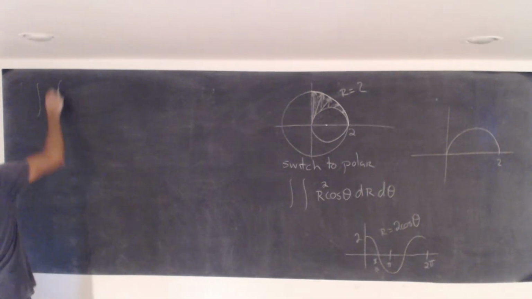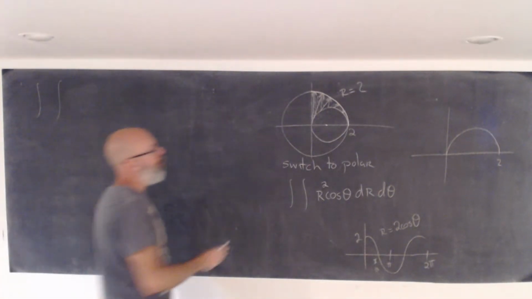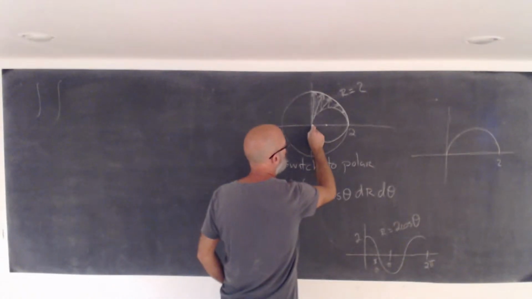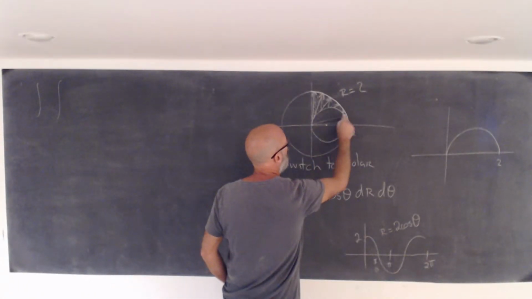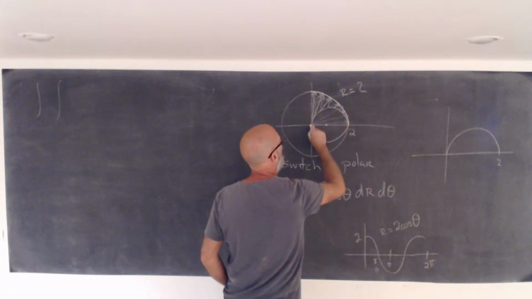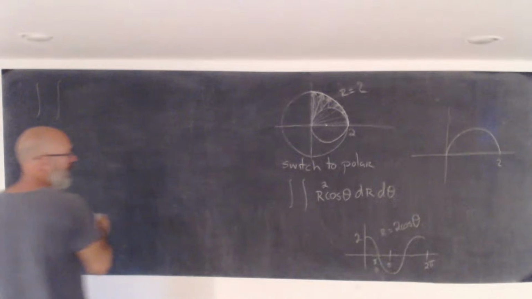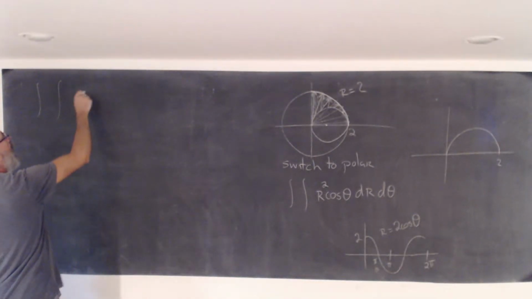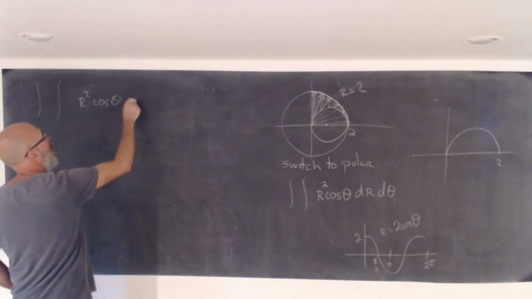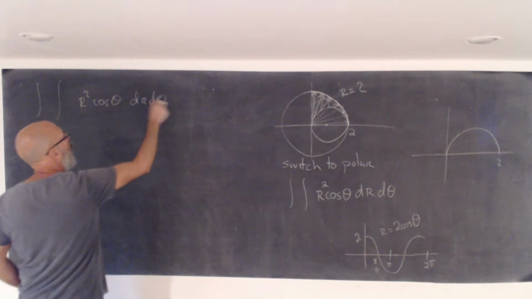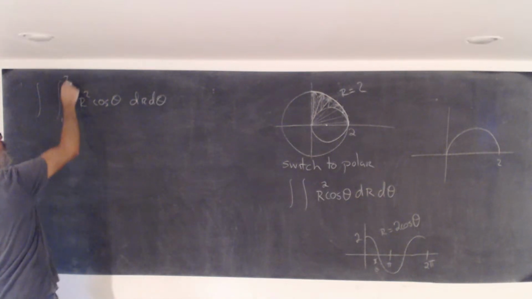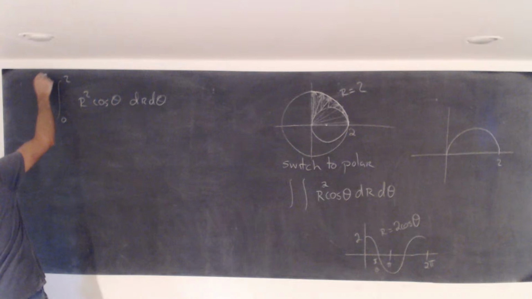We're going to do the large circle from 0. So r goes from 0 to 2. First of all, it's r squared cos theta, dr d theta, where r goes from 0 to 2. Theta goes from 0 to pi over 4.